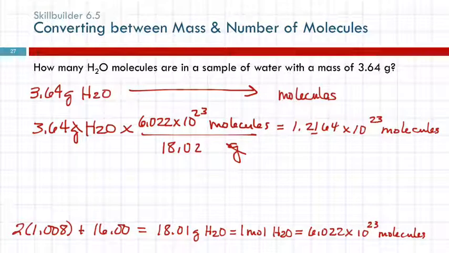Yes. What's the difference between molecules and atoms? That's a good question. So an atom is the smallest piece of an element that you can have. A molecule is 2 or more atoms that are chemically bonded together. So if you think in terms of Lego blocks or something, they are attached to each other.